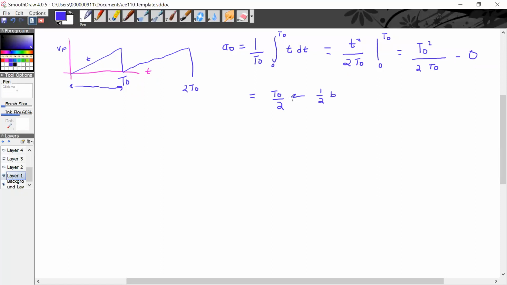So that's A naught, or the DC component, squared away.